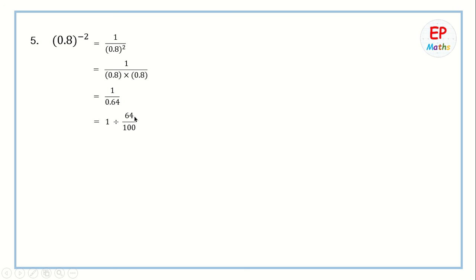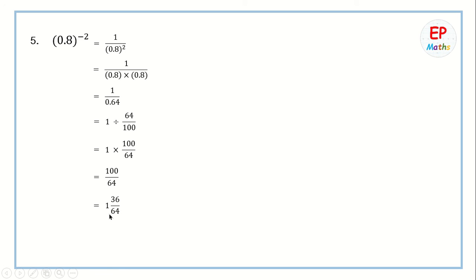Okay, but now we can write 0.64 as a fraction. It will be 64 out of 100. So we have 1 divided by 64 out of 100, and this will be 1 times the reciprocal of 64 out of 100, which is 100 out of 64.